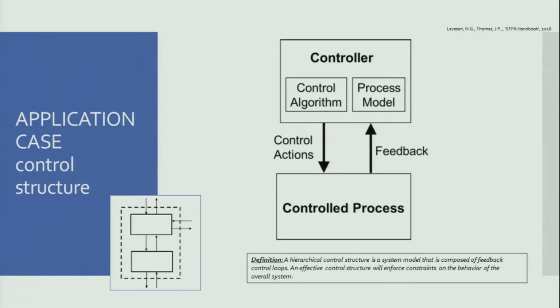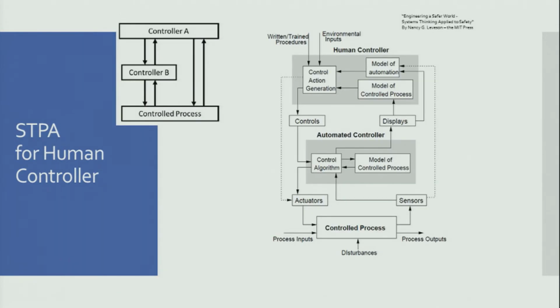And now we are going to develop what is called the safety control structure. The very basic model of a safety control structure is the definition of a controlled process. Then there is a controller that is characterized by a control algorithm and a process model, and you have the interaction, so you see control actions and feedback. In this specific paper we want to discuss also the human element, and this is the case.